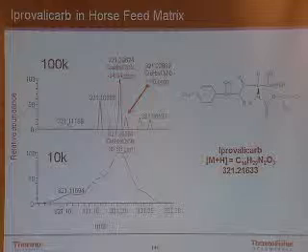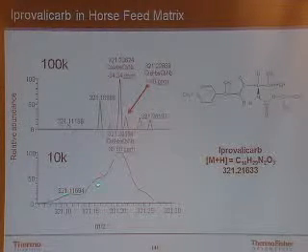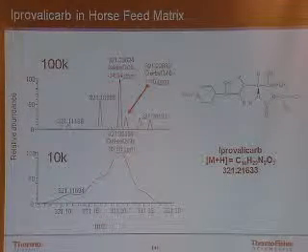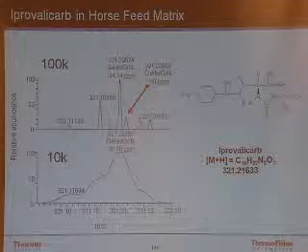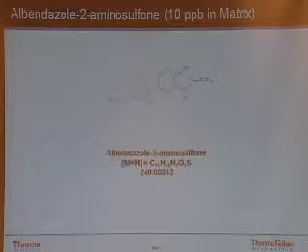Now, if I have lower resolution, here's the same spectra run at 10,000 resolution, and now I don't learn anything because I can't measure anything. So it really says that high mass accuracy, I think, is important today to solving a lot of analytical problems.